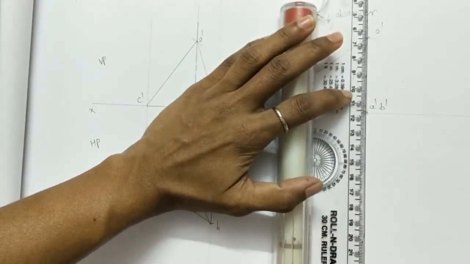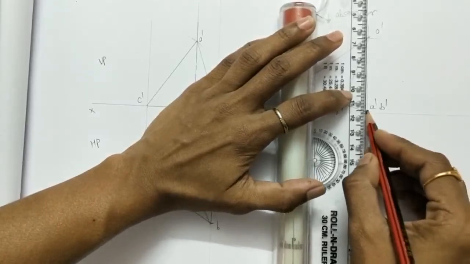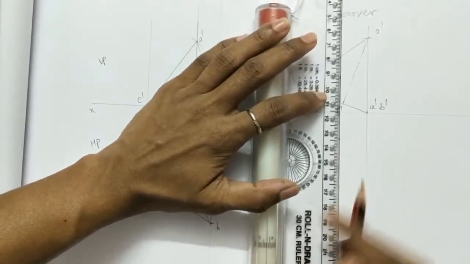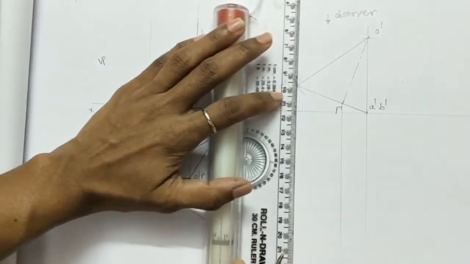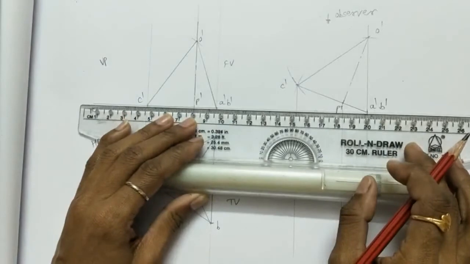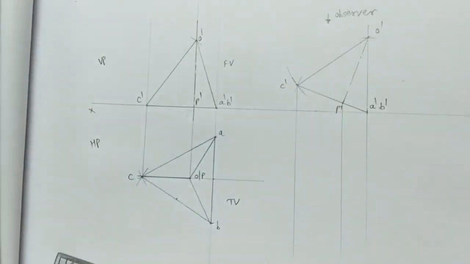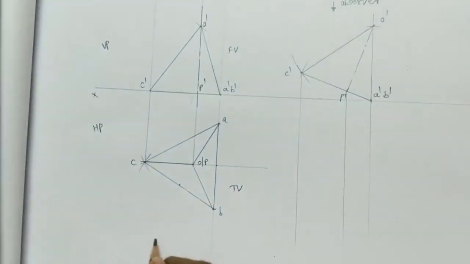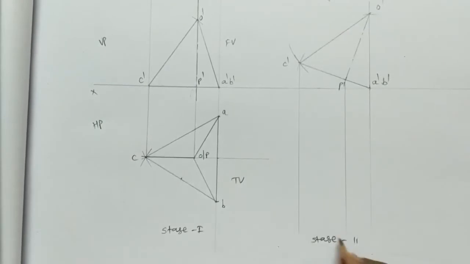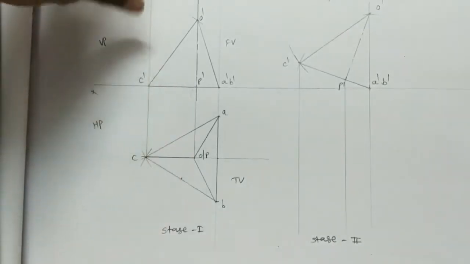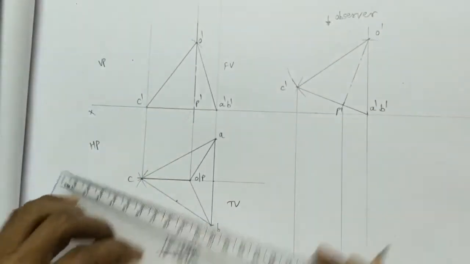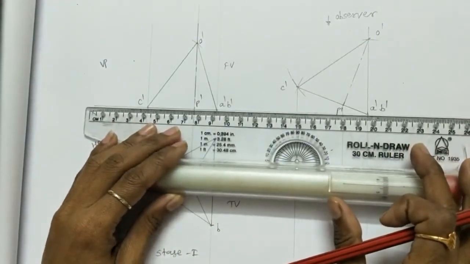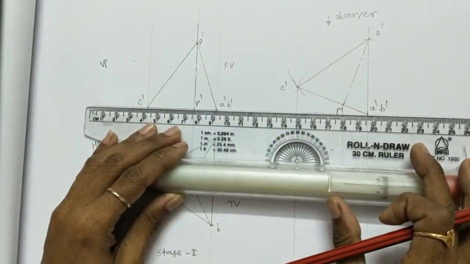Take projections, and take projections of this top view in stage 1. This is stage 1 and this is stage 2. So take projections of the top view in stage 1 horizontally.